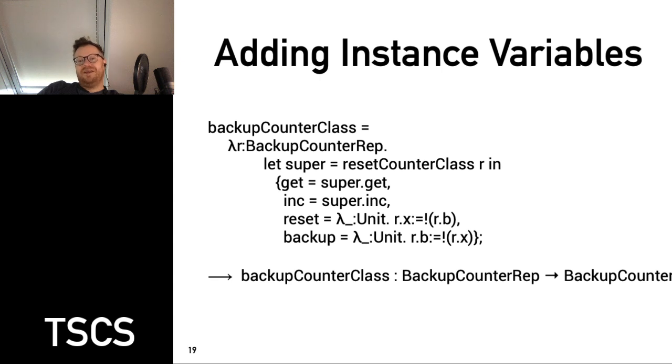And again, as we added new fields, this doesn't hurt us. We can use the record width rule to just reduce it to the other type, and we're good. And this means now that in the backup counter class, we can use this B pretty freely and reset it to the backup variable instead of just setting it to 1 again.